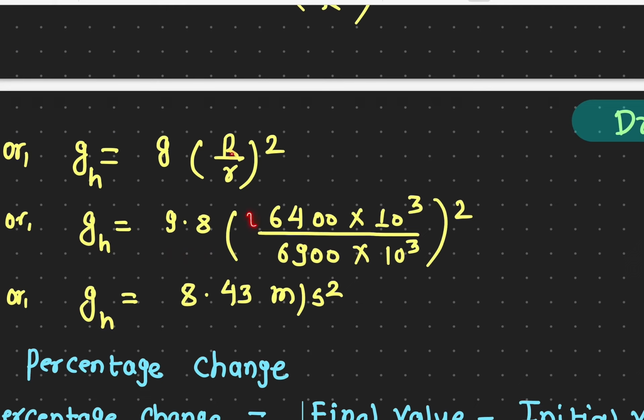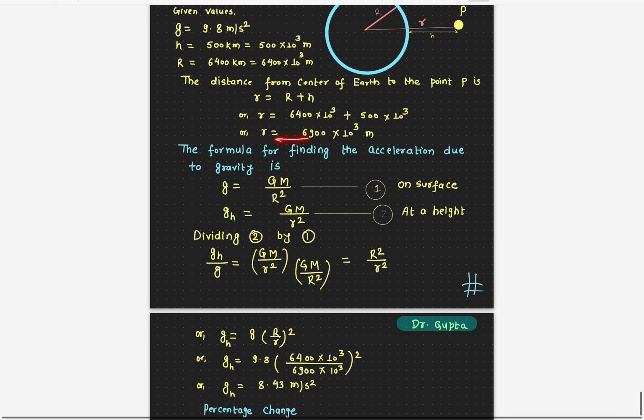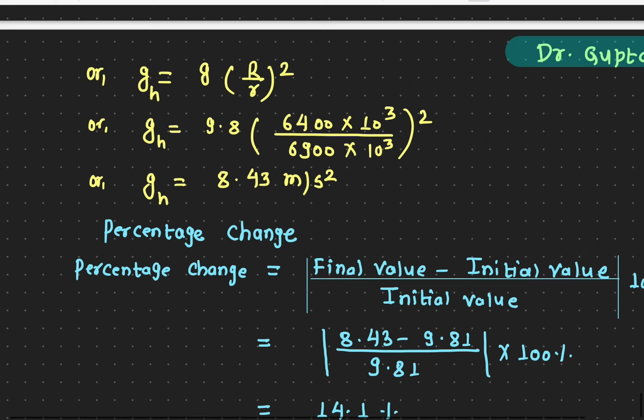R is the radius, and r is the distance between the Earth's center and the point at a height, which is 6,900 kilometer. So we just have calculated everything here. If I plug in, the value I get is 8.43 meter per second squared. That means at a height of 500 kilometer from the Earth's surface, the acceleration due to gravity would be this much.